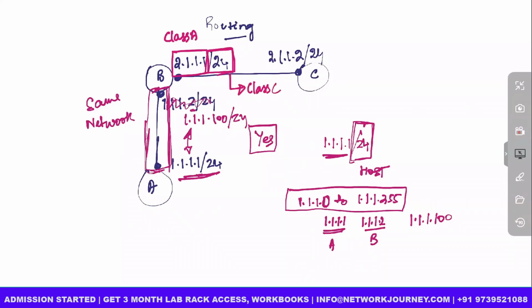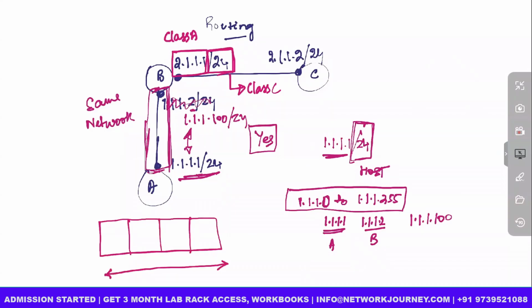Now you might be wondering how class C, because let's say I draw IPv4 into 4 octets. So in terms of octets, they are 4. But in terms of bits, how many are they? Let's say each octet is 8 bits. So 1, 2, 3, 4, 5, 6, 7, 8.